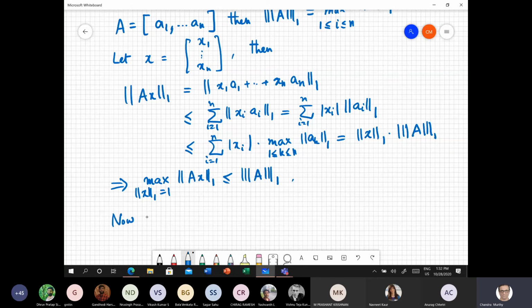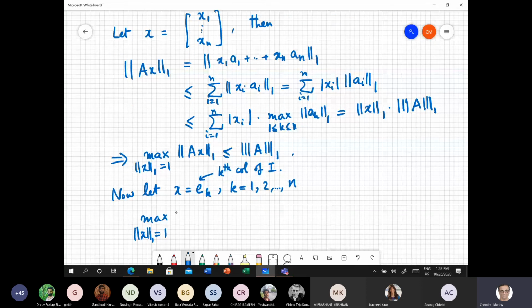So now let x be equal to ek, k equal to 1, 2 up to n. This ek is the kth column of I. Then what I have is that the max over norm x equals 1 of the norm of Ax is at least equal to the value it takes at one of these example vectors, for example e1.